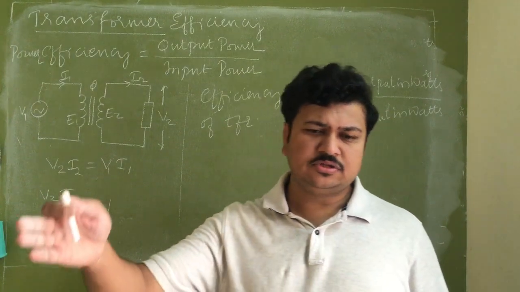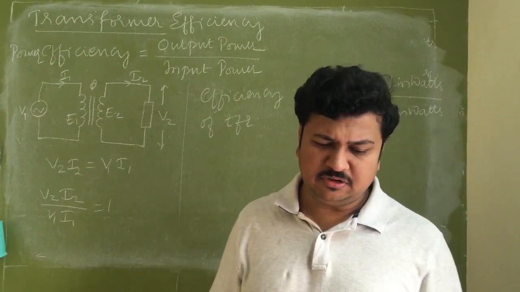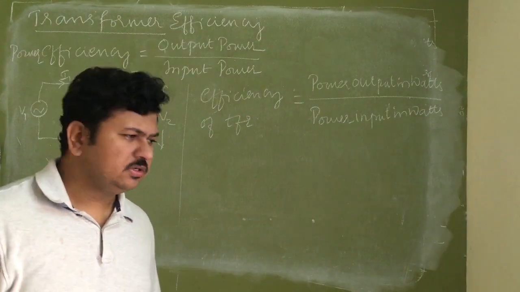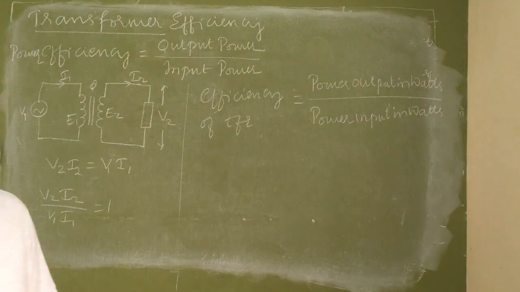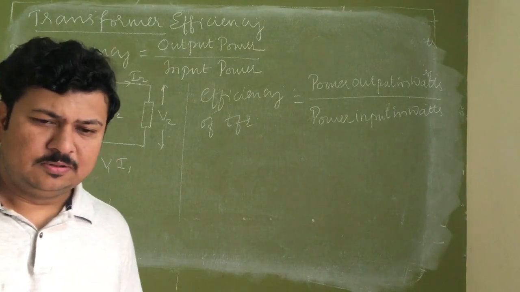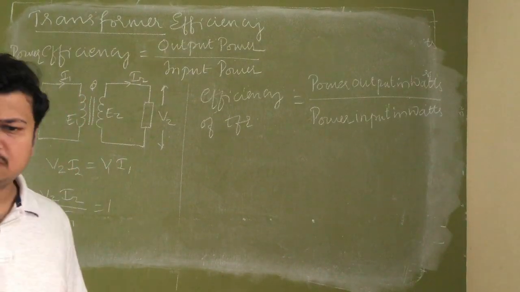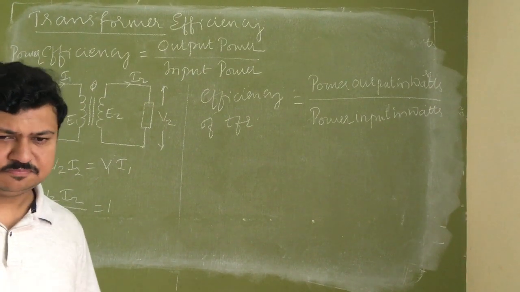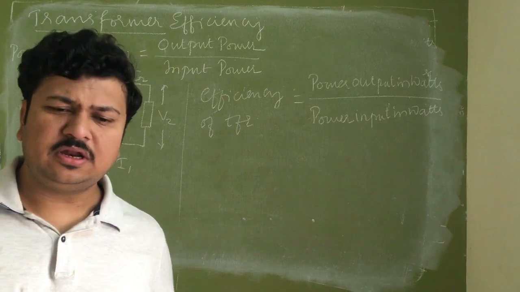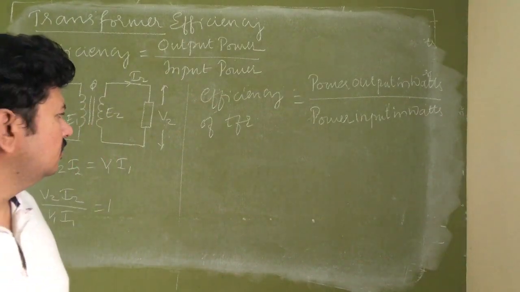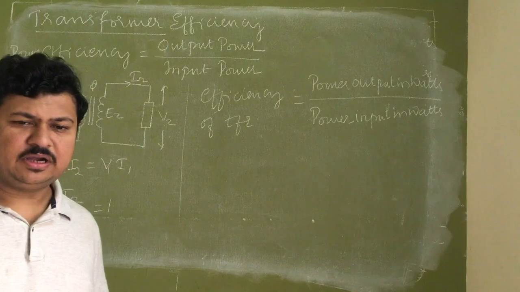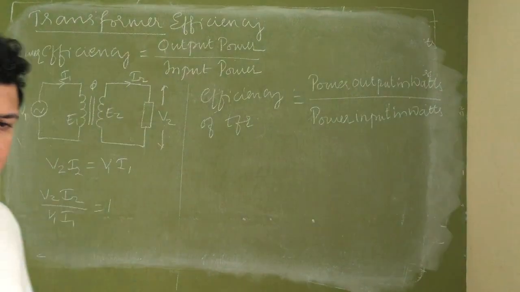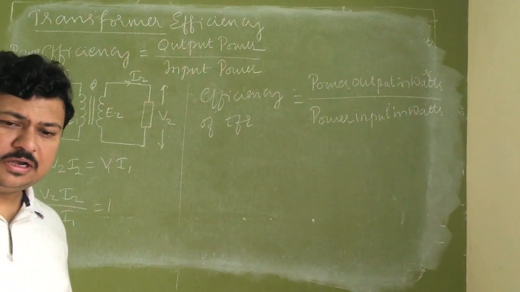When you say the water lifting pump has half HP of power output, half HP means how much? 746 watts by 2, around 373 watts or so. If you take the fan, it is around 70 to 80 watts. Mixer grinder wattage depends upon its capacity. It starts varying from 50 watts or so. So all these are rated in watts.